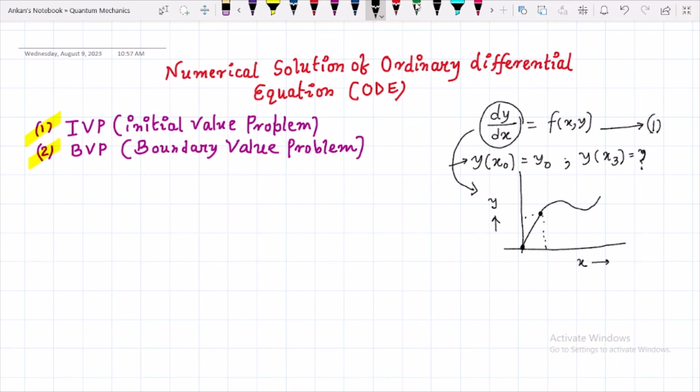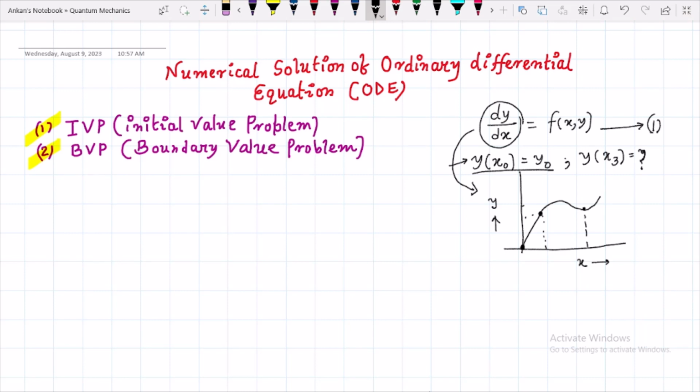If you are able to find the solution curve, then by the interception on the axis, you can read the value of y from the curve easily. So from the initial condition you can get the solution. If this is possible, then the problem is an initial value problem.